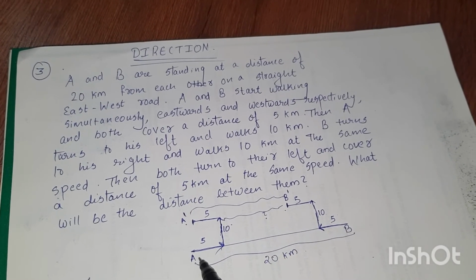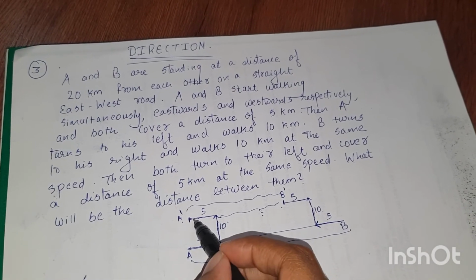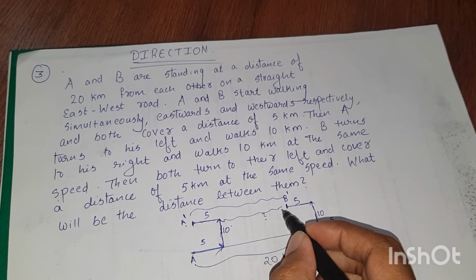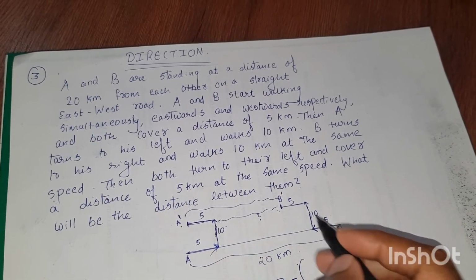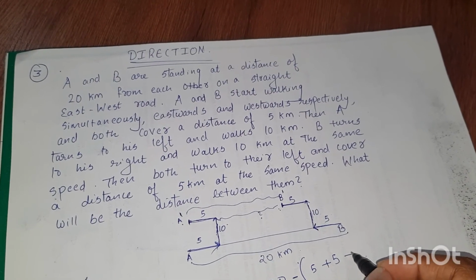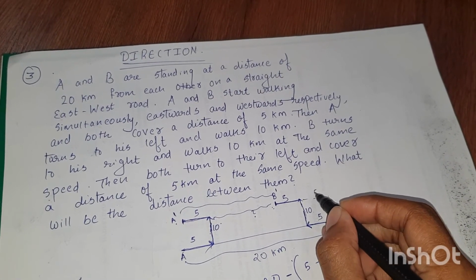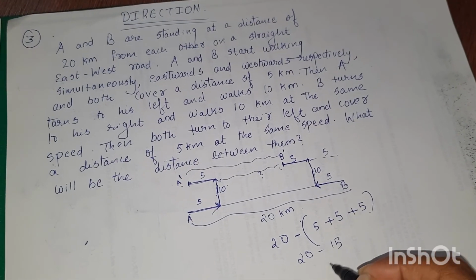For that, we know the total distance AB is 20 kilometers, right? And this distance can be found by the total distance 20 minus this distance 5, minus this distance 5, minus this distance also 5. So 20 minus 15 is equal to 5.